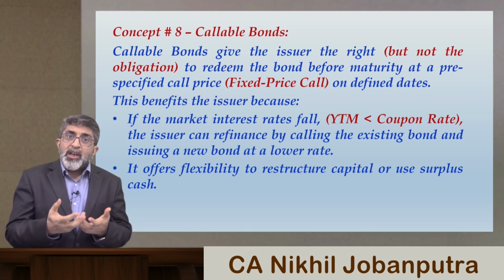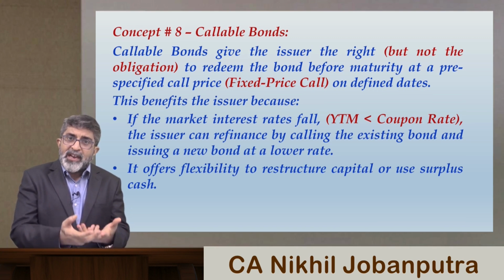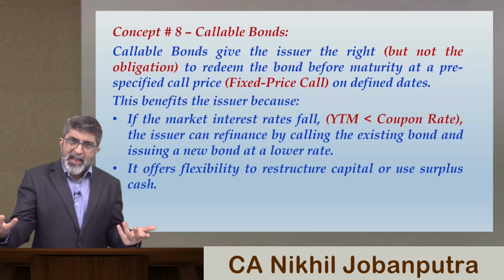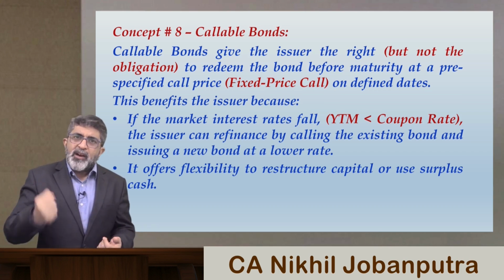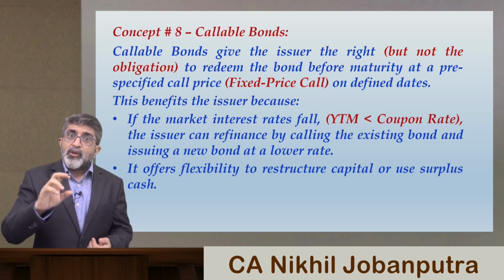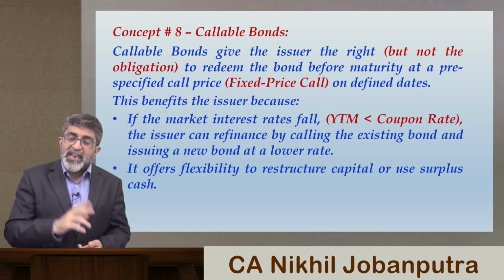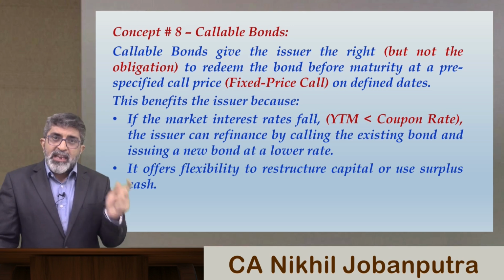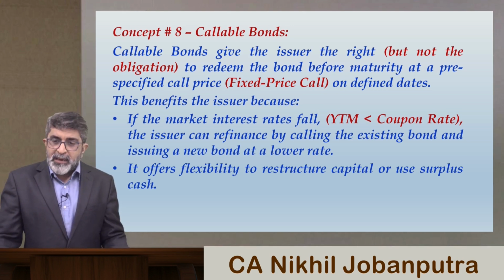Then why should the issuer unnecessarily hold that cash or try to invest it when there is already a big liability towards the bond? It's better to repay that liability so that you are most benefited in terms of the interest rates. As a result, when there is surplus cash, callable bonds can also be called for premature redemption.